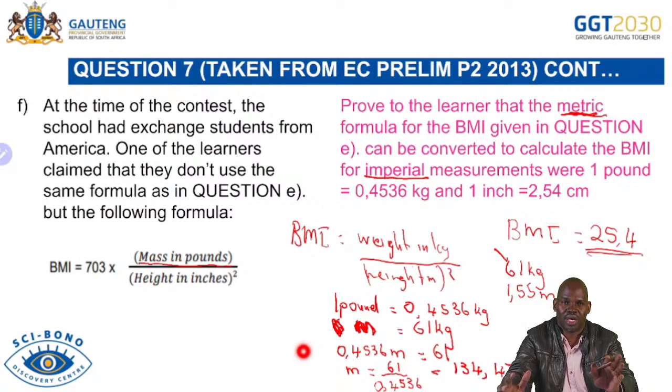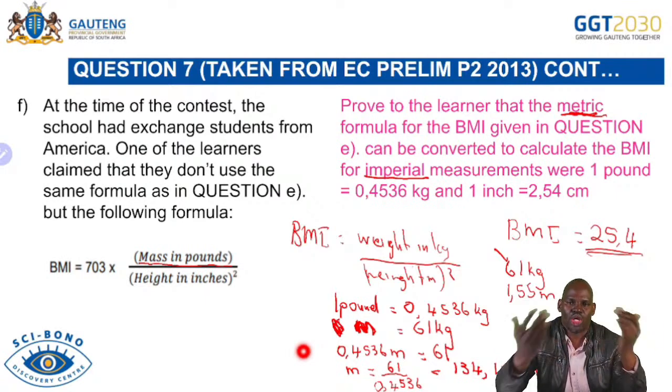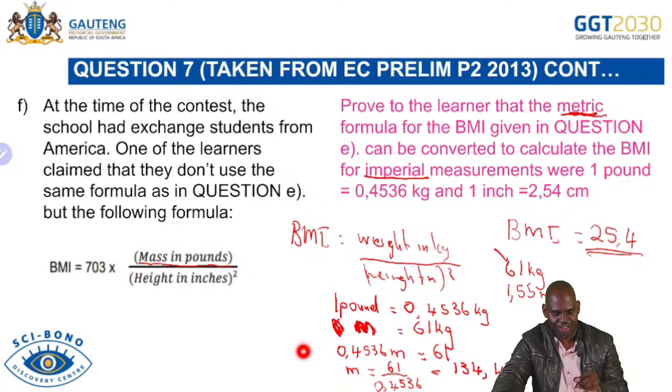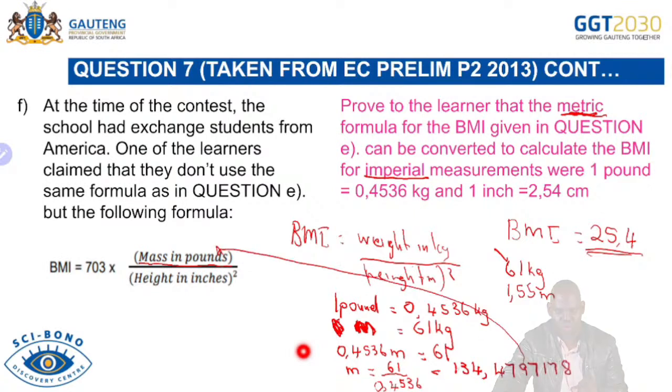No. Remember we said in Mathlead, we are not supposed to round off until we get to the final answer. The more you round off before the final answer, the less accurate your answer is going to be. So in order to have the most accurate answer in the end, we must keep all the digits. Therefore, the mass that we must substitute there is 134.4797178. Remember, this is now in pounds.